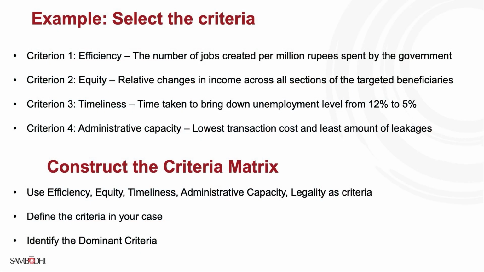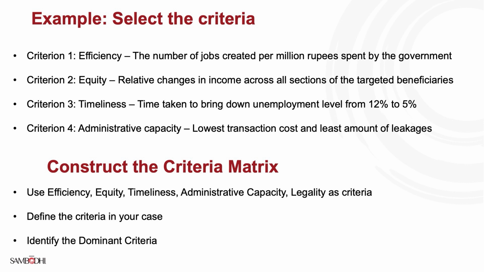This is an example from a problem definition which was trying to solve the unemployment problem. Criteria number 1 is efficiency, the number of jobs created per million rupees spent by the government. In your case, it will be the number of students going to school per million rupees spent by the government. So just draw the analogy. Criteria number 2 is equity, relative changes in income across all sections of targeted beneficiaries.